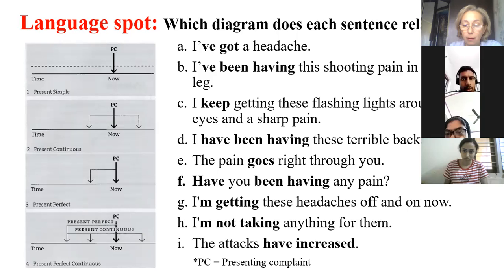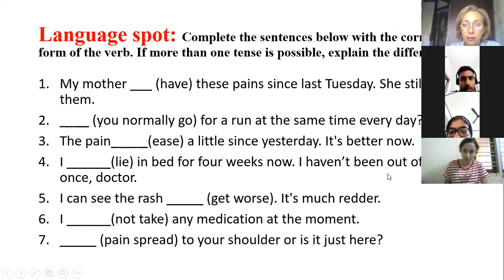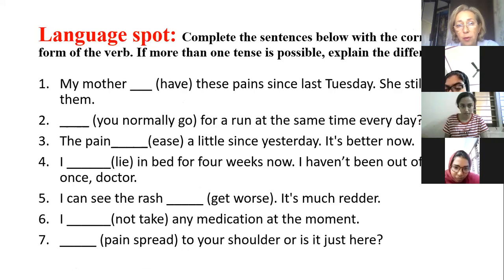So, and there is one more practical exercise, and here we need to also complete the sentences with the correct form of the verb. So if more than one tense is possible, we should explain the difference.